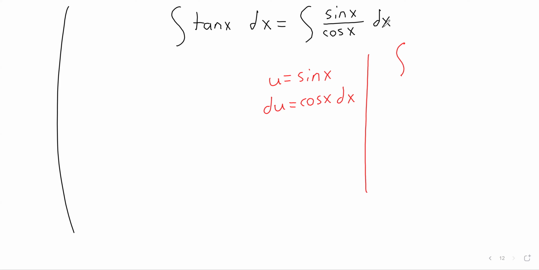Because the problem is that if we look at this, we do not have the cosine of x times dx. What we have is a fraction, dx divided by the cosine of x. So we do not have what we need to make du here. The instinct to use u substitution is the correct instinct.